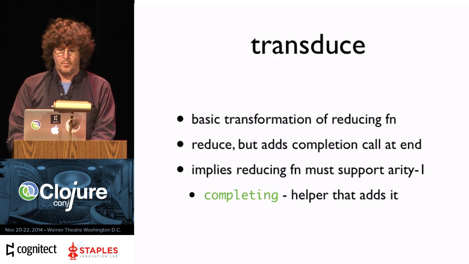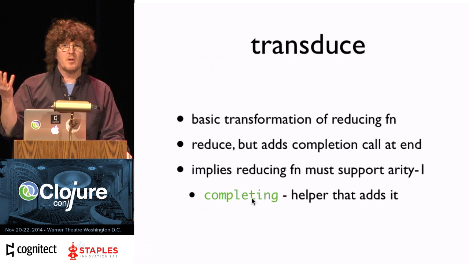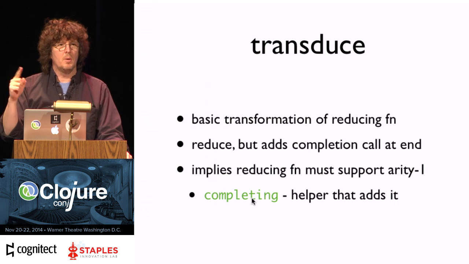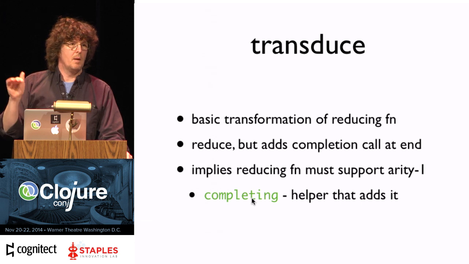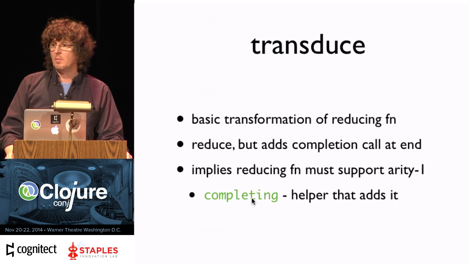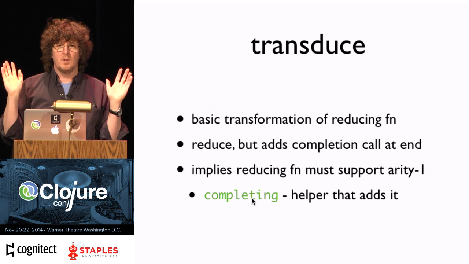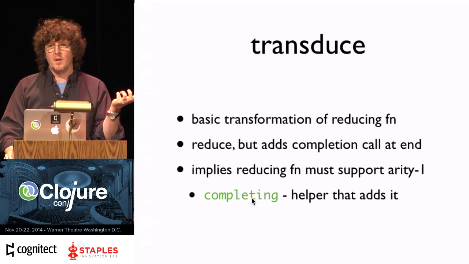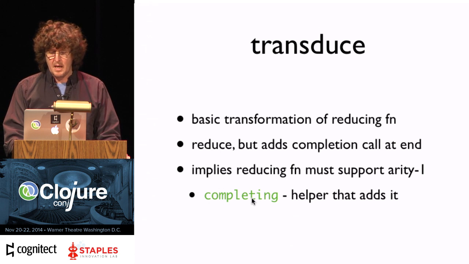So we have a helping function called completing, which will take any function that's just a plain reducing function, so it only has the 2 arity, result, input, returning result. And it will add arity 1 with an implementation that's just identity. Given this result, return the same result. So that's a way to take an existing function that's not ready to have complete called on it and make it possible to do that.